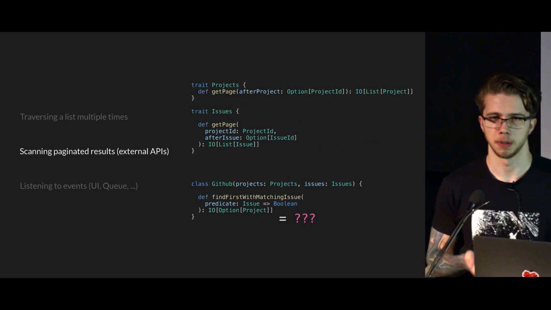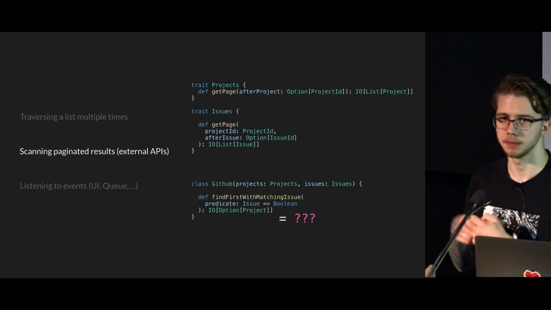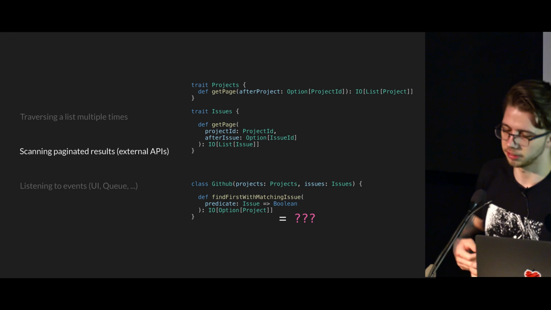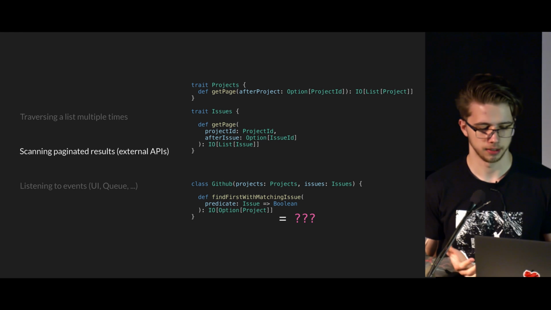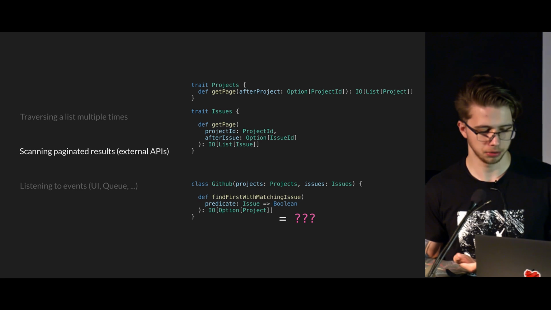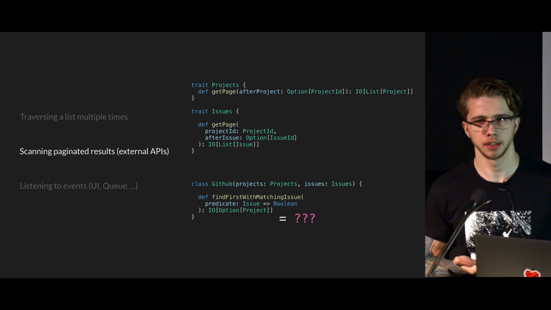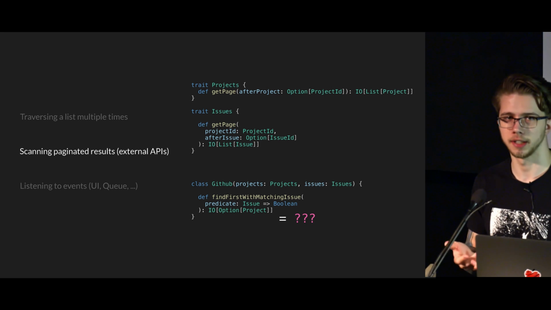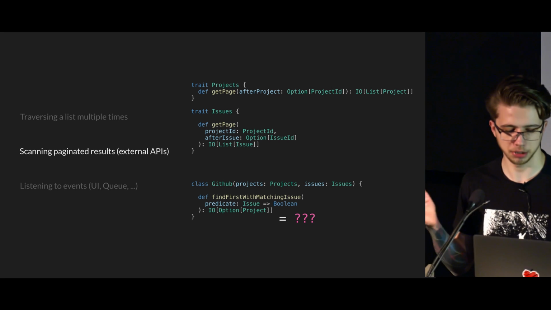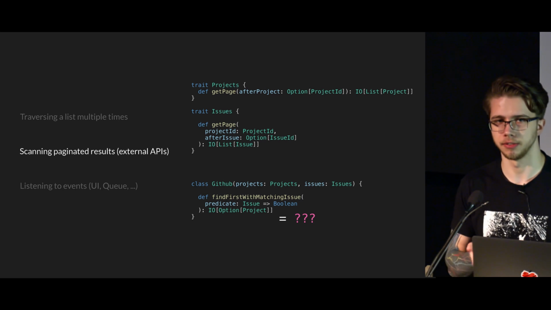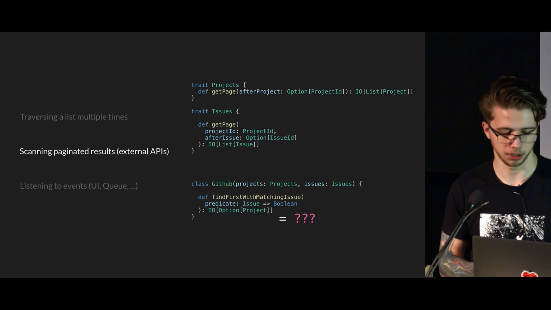We might have to do pagination. So after getting a page of elements, starting with like after project equals none, we will get this page of results, and we are going to use the last element of that to get the next page, and so on and so on. But we don't want to keep doing that until we exhaust the whole list. We just want to do that until we find the first issue that matches a given predicate.